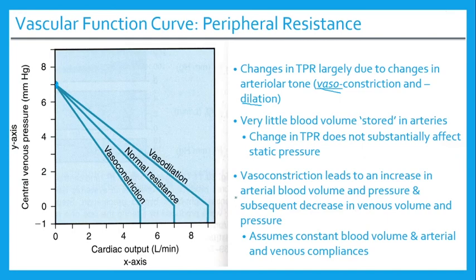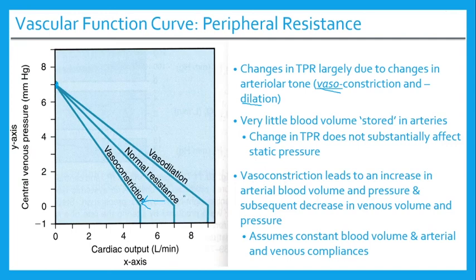So when there is an increase in peripheral resistance in the arterial circulation, more blood winds up on the arterial side, less winds up on the venous side, therefore decreasing venous pressure. So we're seeing a shift here of this vascular function curve to the left.